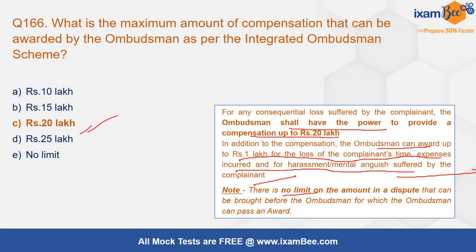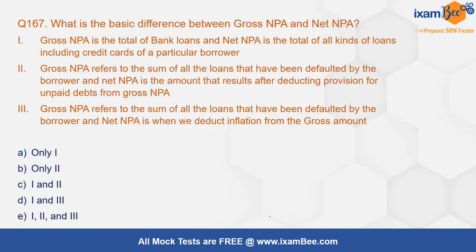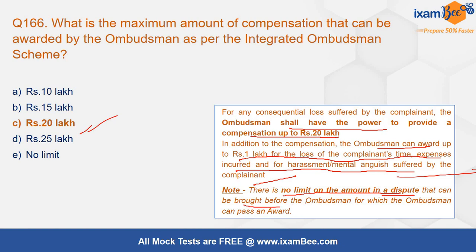There is no limit on the amount in a dispute that can be brought before the Ombudsman for which the Ombudsman can pass the award. So please understand that the dispute can be for an amount of say 200 crore, 2 crore, 5 crore or whatever.